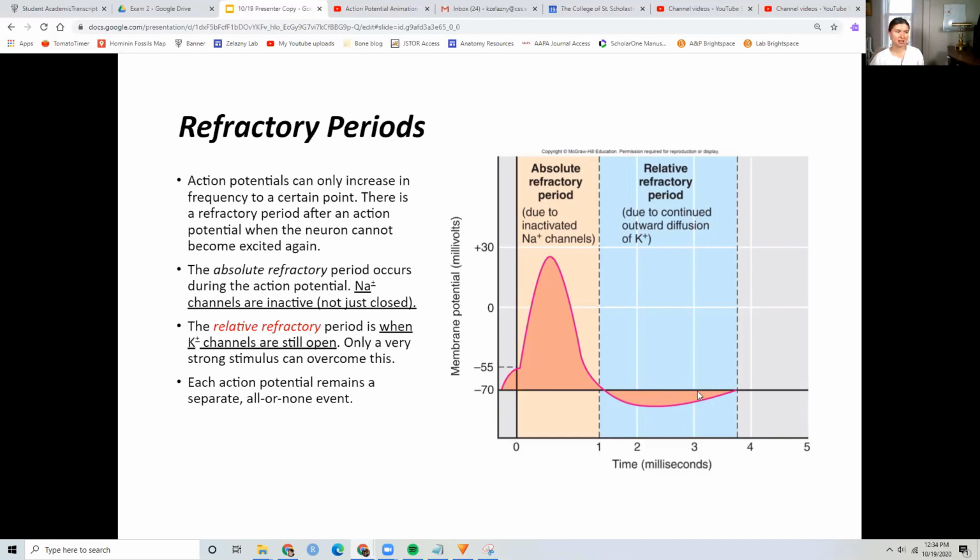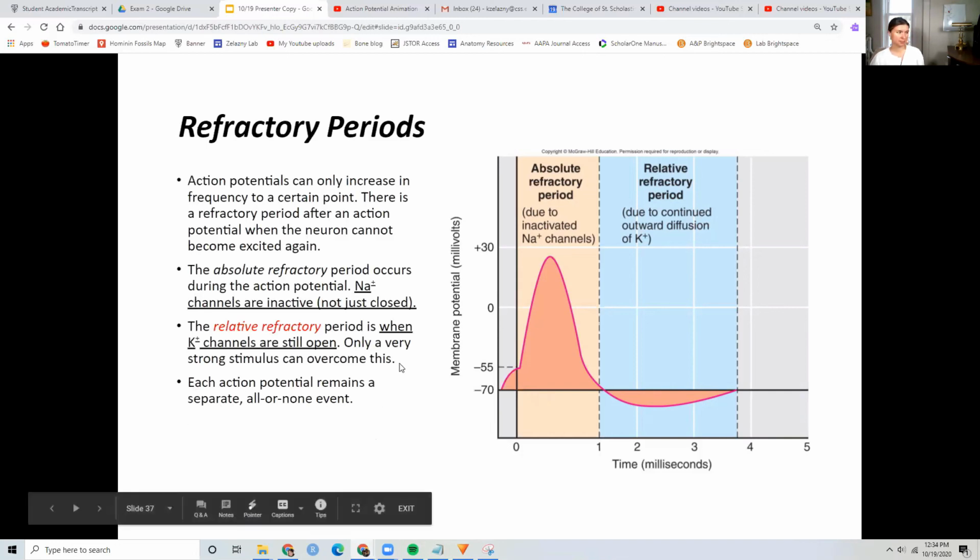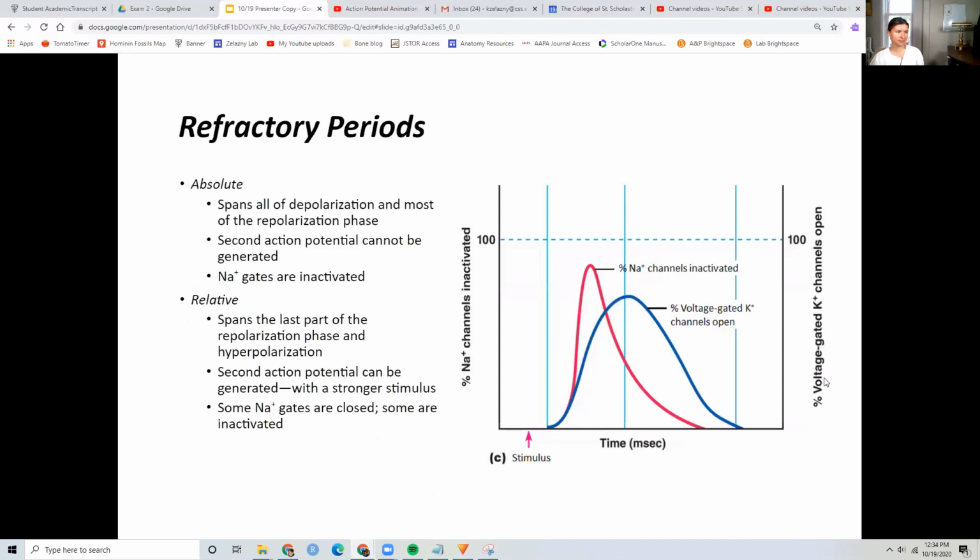It's not going to be extra tall. This spike isn't going to be different if we send one off now, but we're only going to be able to respond to super strong stimuli during this period. Every action potential here, regardless, is going to be a separate all or none event.